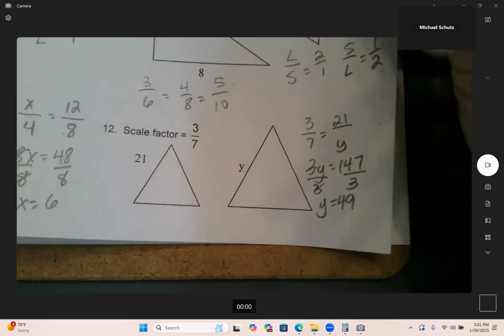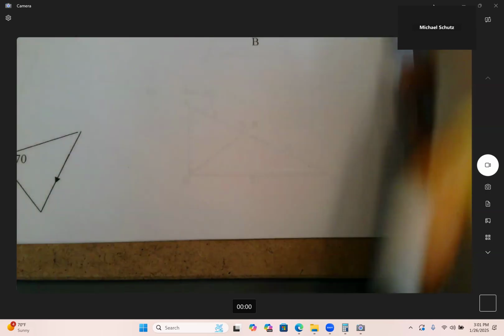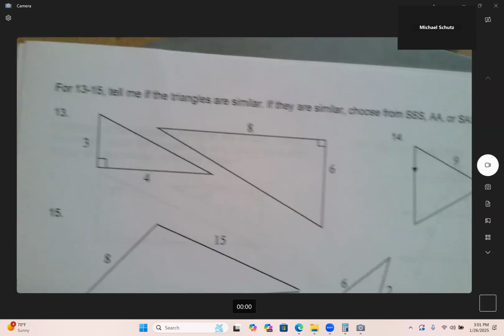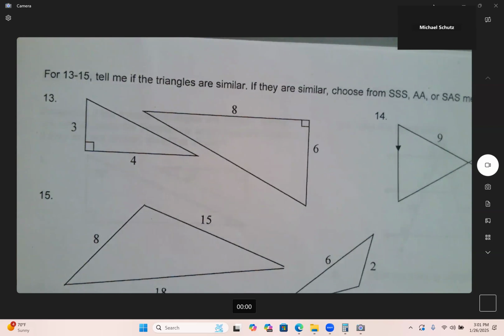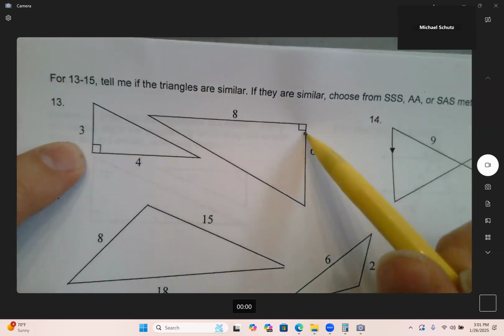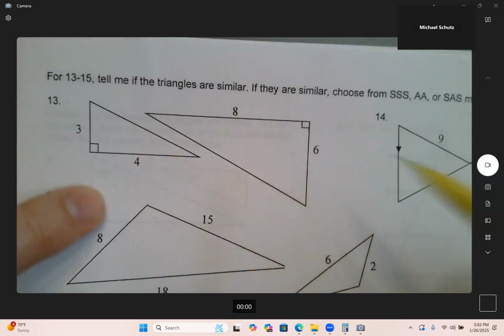All right. Let's take a look at number 13. They want to know, are these similar? And if so, why? First of all, we do have a congruent pair of angles, and in between two given sides.